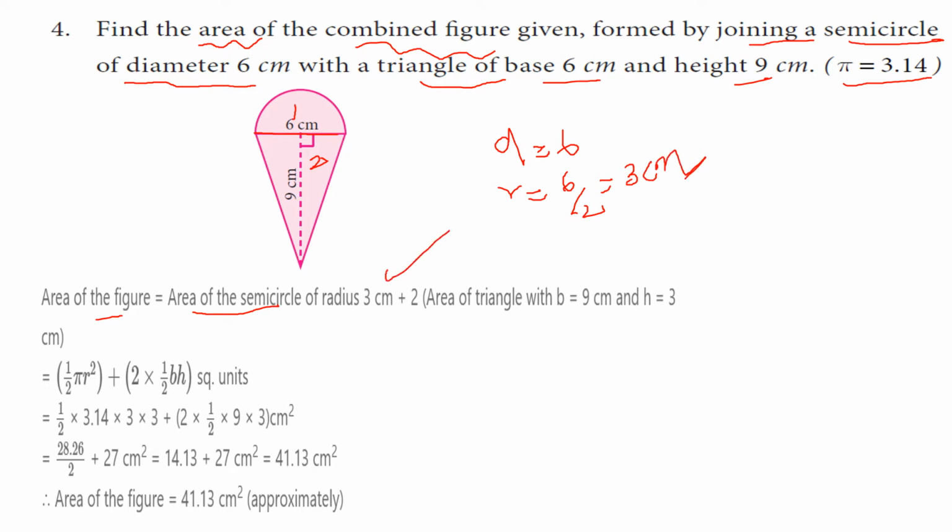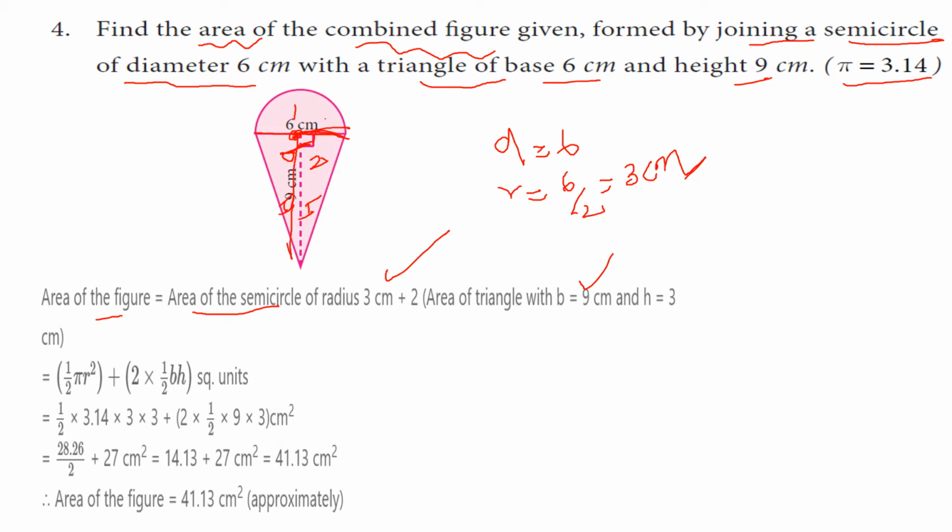Plus here two triangles are given. So one triangle, this is the second triangle, this is the base. So base is 9 centimeter. And height is here the center, here radius 3 centimeter only.